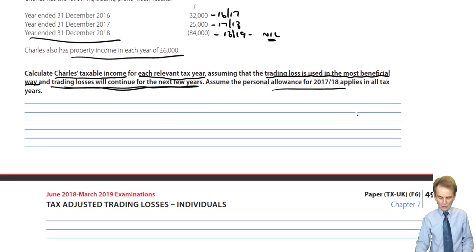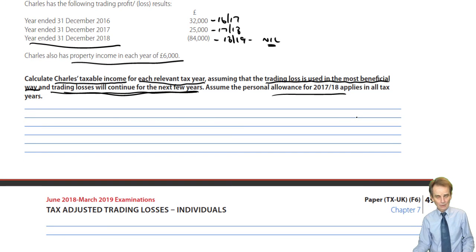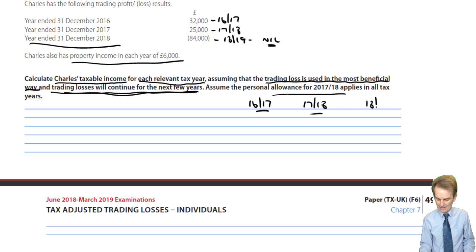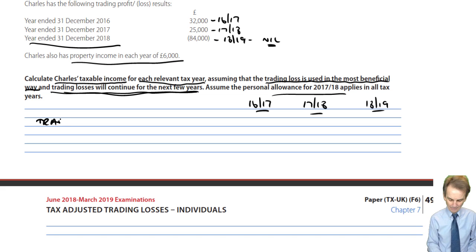So what you now need to do, as we saw in the first example we did, is set up a columnar working, our tax years 16-17 through 17-18 and into 18-19. We will have our trading income figures and we will have our property income figures.